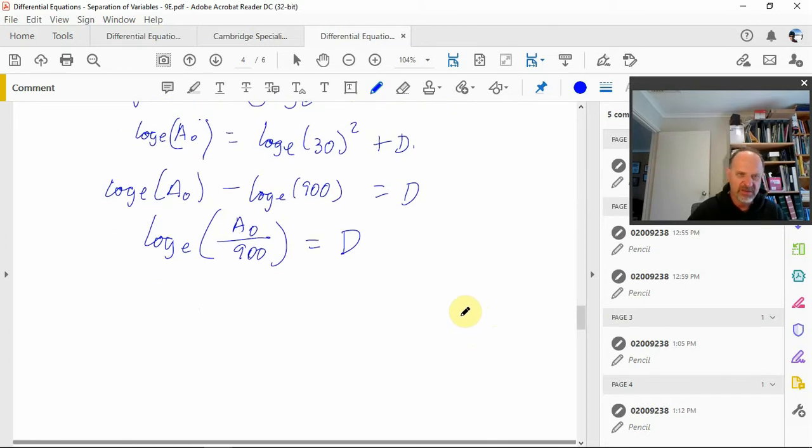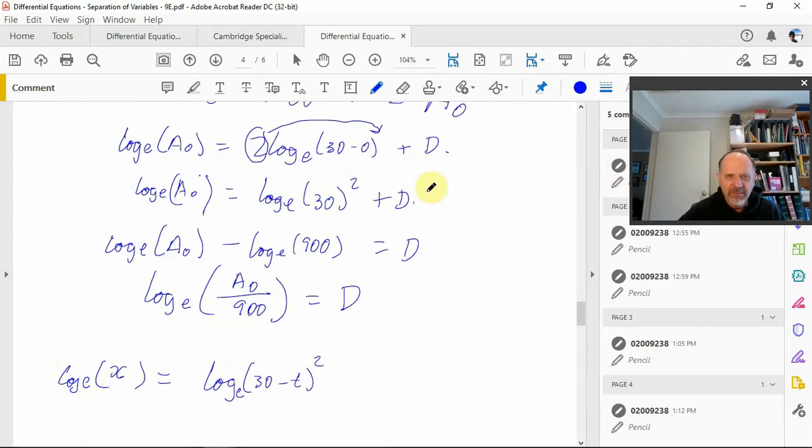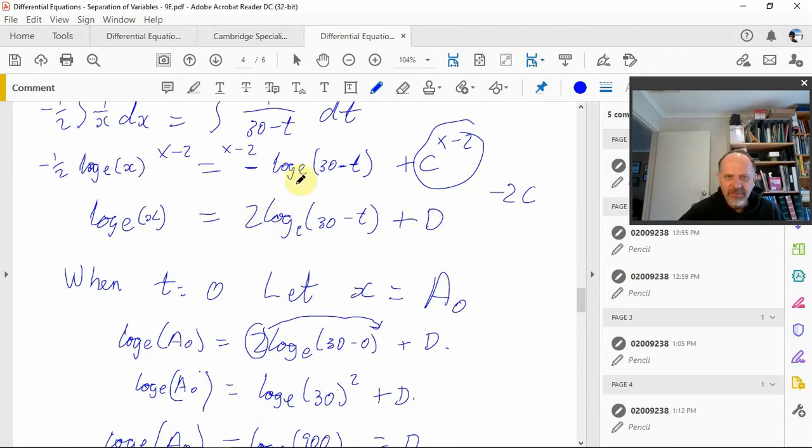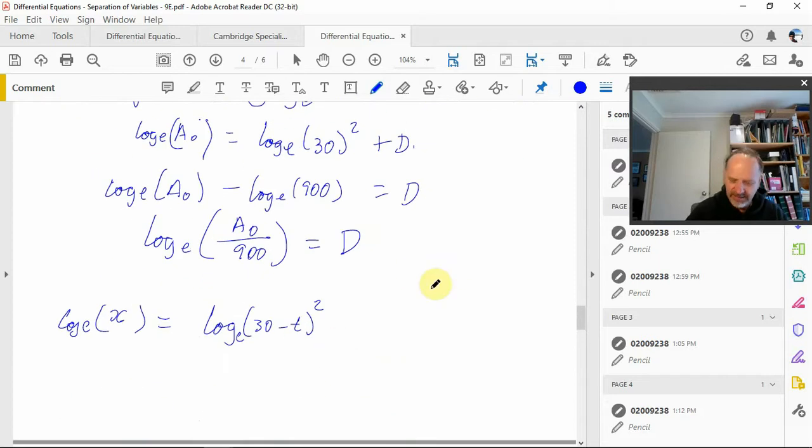So I've now got log to the base e of x equals log to the base e of 30 minus t, and I'll put that squared up the top, plus the D, and the D is log to the base e of the amount we started with over 900.